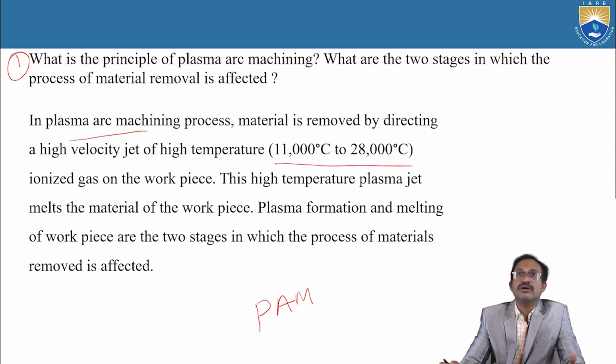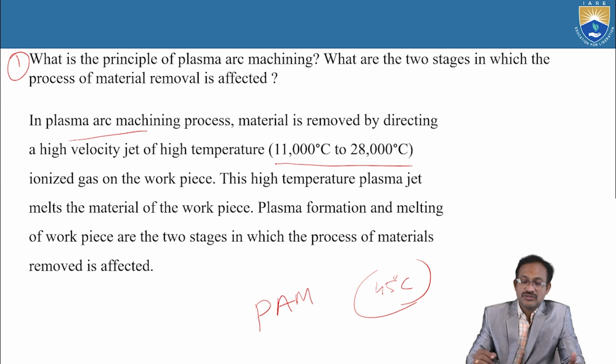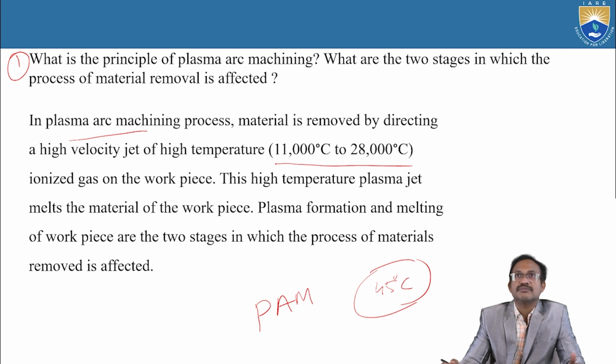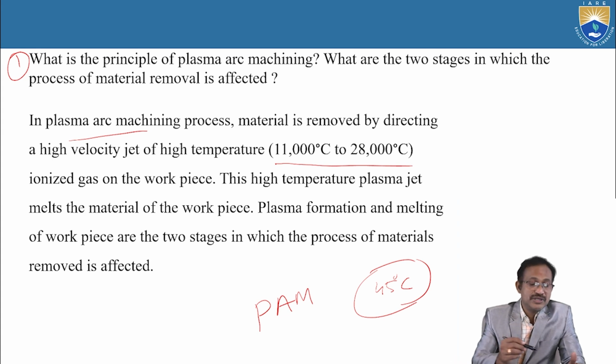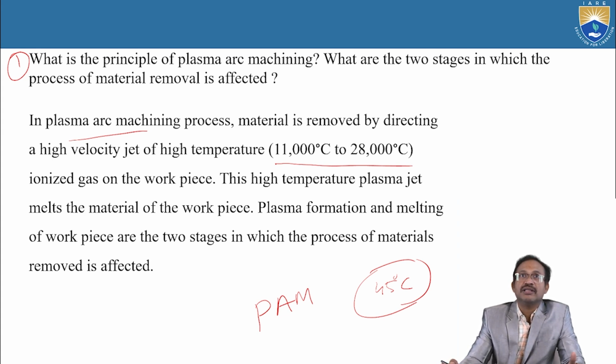When we go in sunlight, if the temperature exceeds just 45 degrees centigrade, we cannot bear it. Imagine, in order to melt various metals, we need a huge temperature, and that is possible with the plasma arc machine. In this, the high velocity jet at around 11,000 to 28,000 degrees centigrade ionizes the gas on the workpiece.